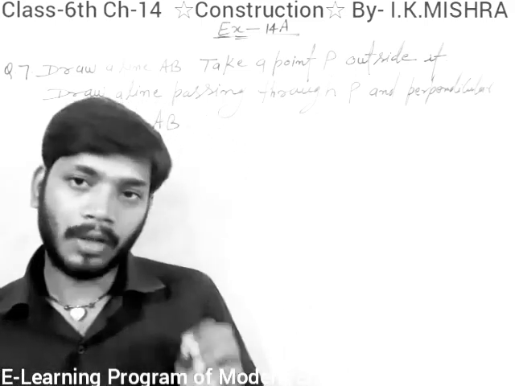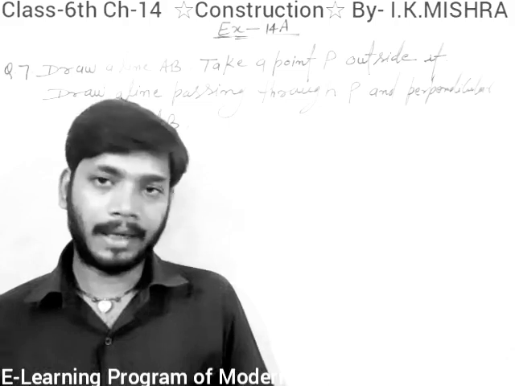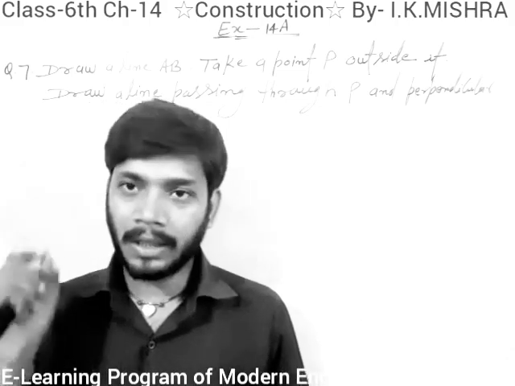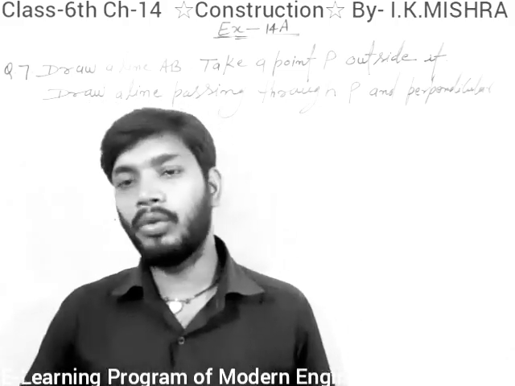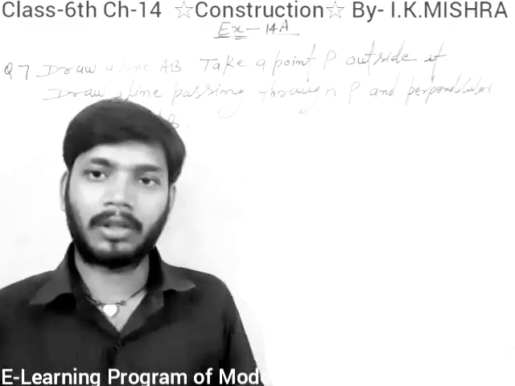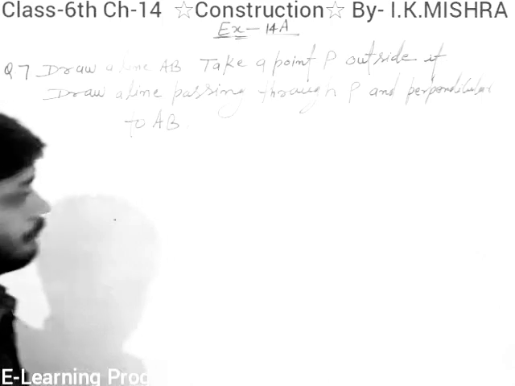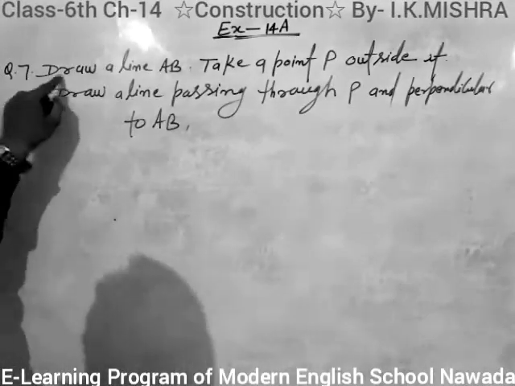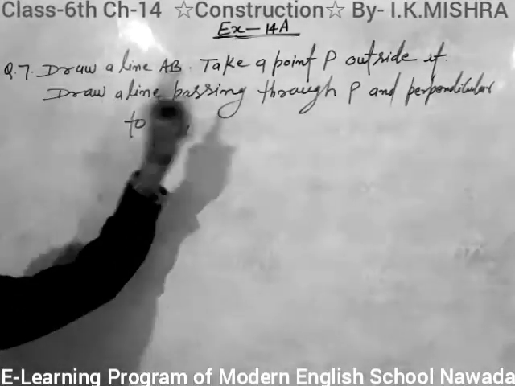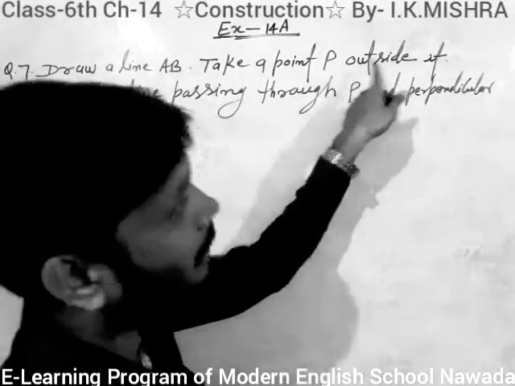Students, now once again I explain this question, so understand carefully and try to construct it in your copy. Friends, first of all, draw a line AB, take a point P outside it.